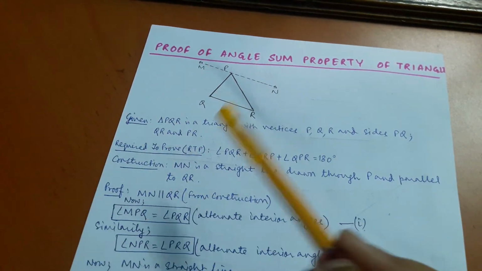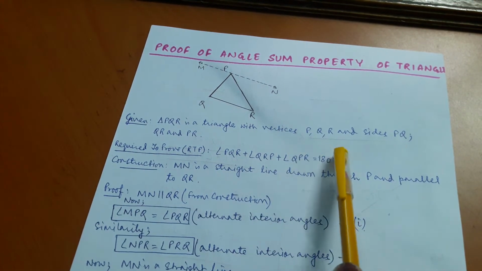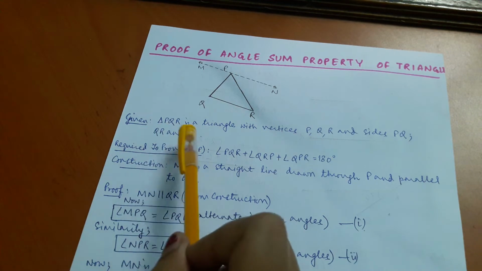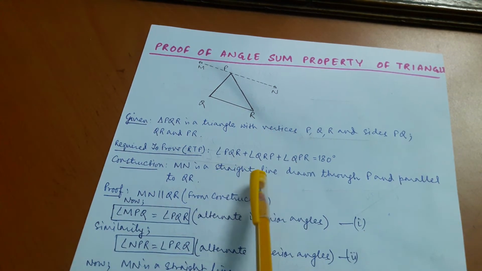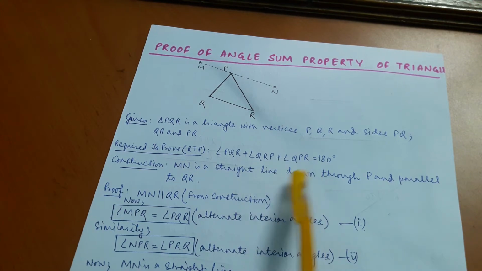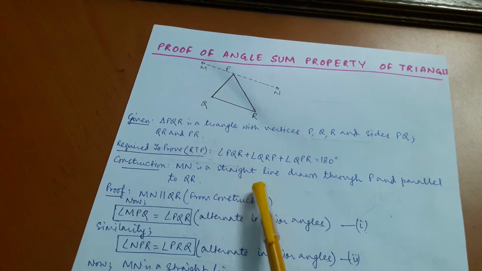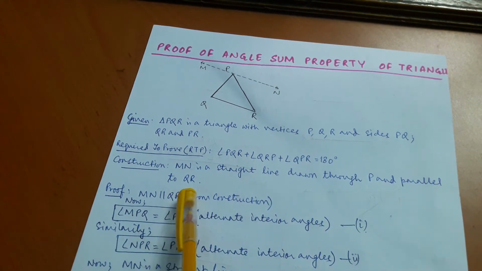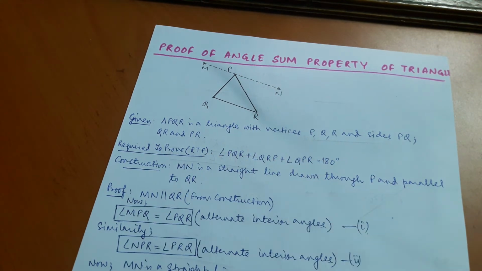So first, given: triangle PQR is a triangle with vertices P, Q, R and sides PQ, QR and PR. Required to prove: angle PQR plus angle QRP plus angle QPR equals 180 degrees. And our construction is MN is a straight line drawn through P and parallel to QR. We need this construction to prove the given statement.